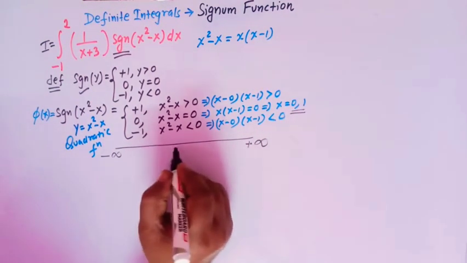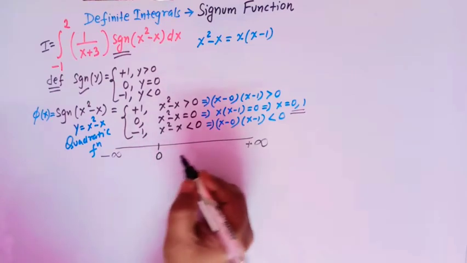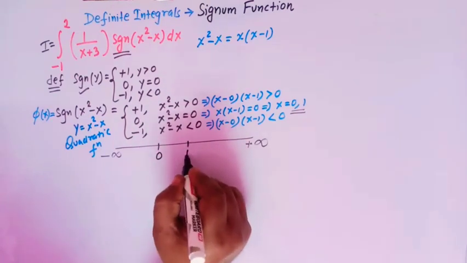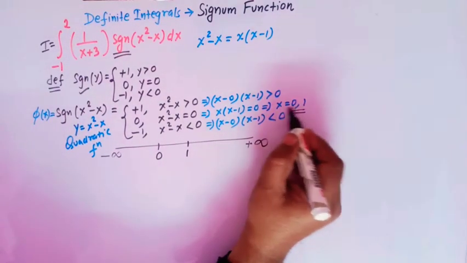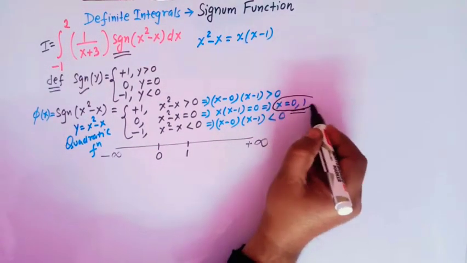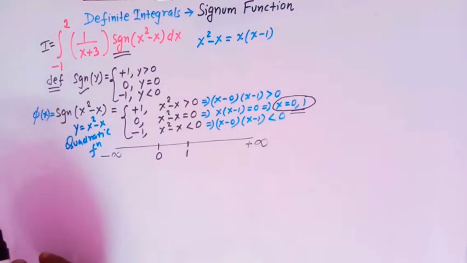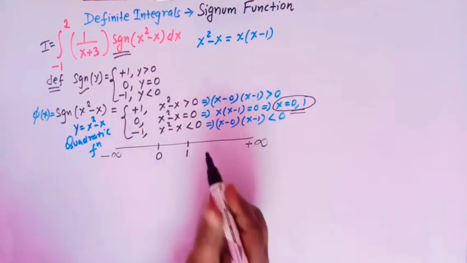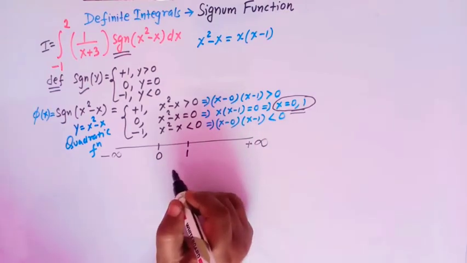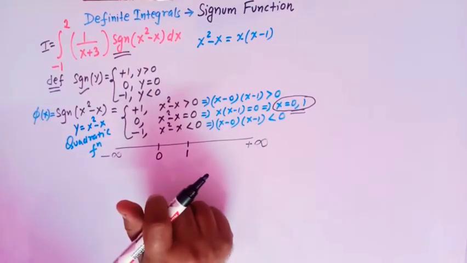So 0 lies somewhere here and 1 lies somewhere here. These are the two points which divide the real number line into three intervals. This is an important point.